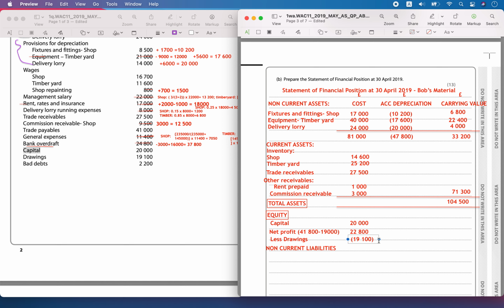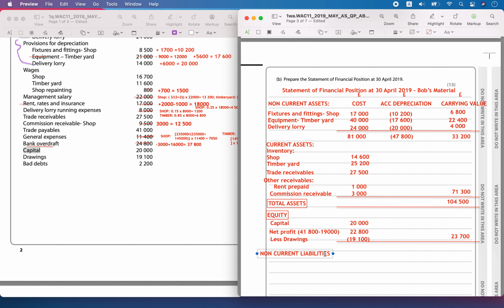Now let's calculate 20,000 plus 22,800, minus 19,100, that is 23,700. So that is equal to 23,700.